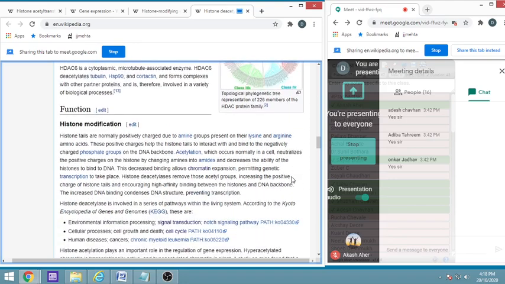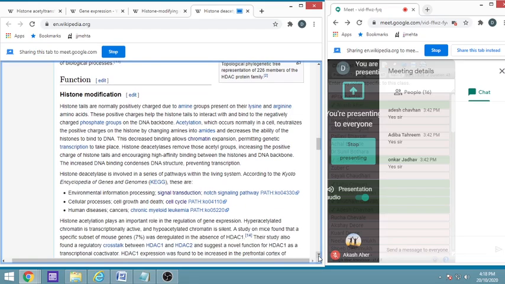Now, what are the functions of these? They are responsible for modification of histone tails. We know everything now, how they are acetylated and what results, how this causes charge or discharge. There is a decrease in binding, because the acetyl group is covalently bound to the histones.